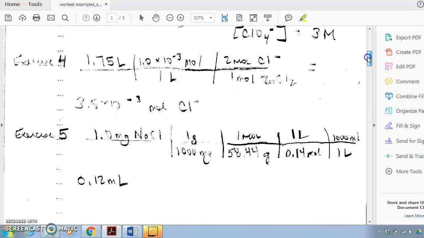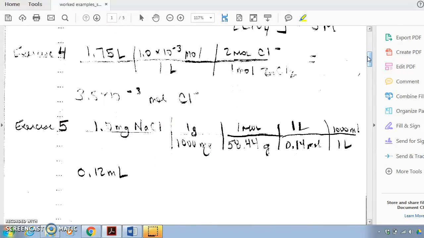Then exercise 4 is again looking at concentration of ions, but this time not just in a 1 molarity solution, but also in a particular volume of the solution. For these kinds of questions, you just have to remember that anytime you have a volume and a molarity, the molarity can be used as a fraction style ratio.